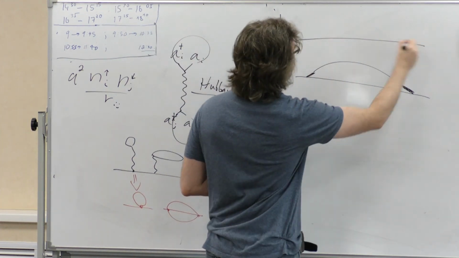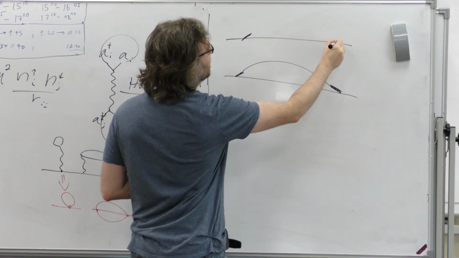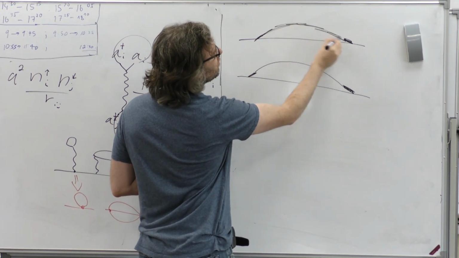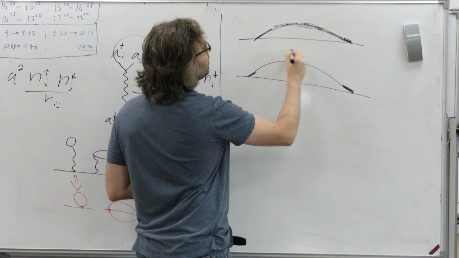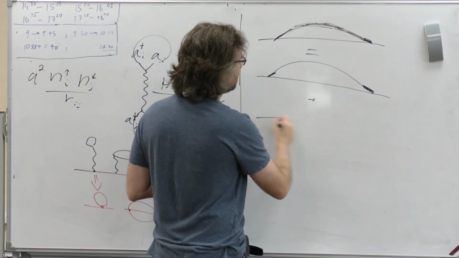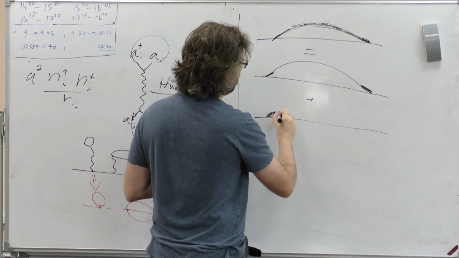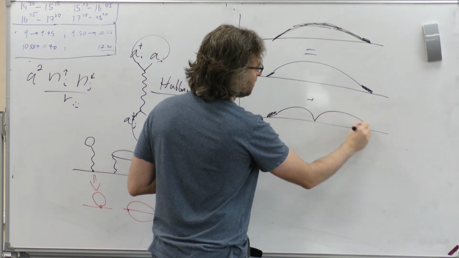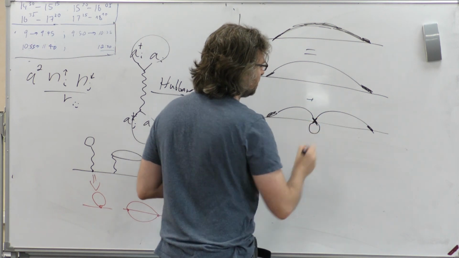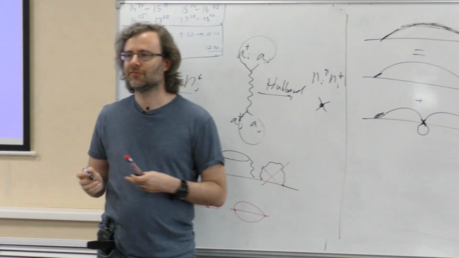If I want to write an interacting Green's function with these same time indices, then I could do that with a thick line. And then I would have to add other contributions to this. So here's a contribution with one vertex.